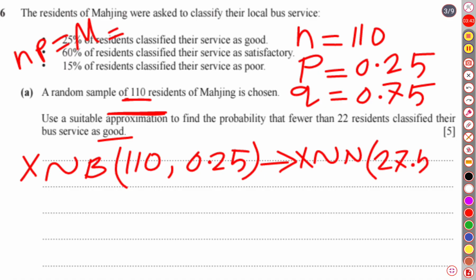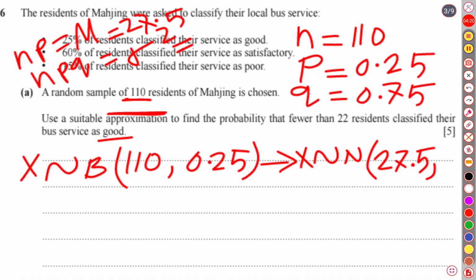The other parameter of a normal distribution is npq, that means variance. Variance can be denoted by sigma squared. So our mean has become 27.5. Let's see the variance. Variance is the product npq.